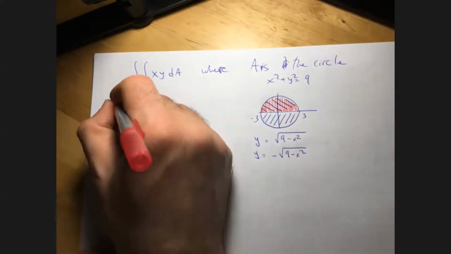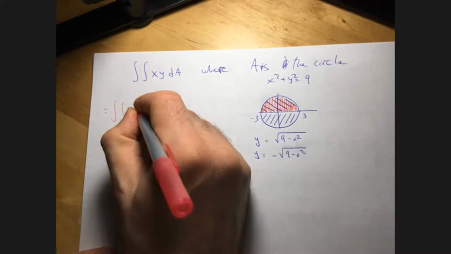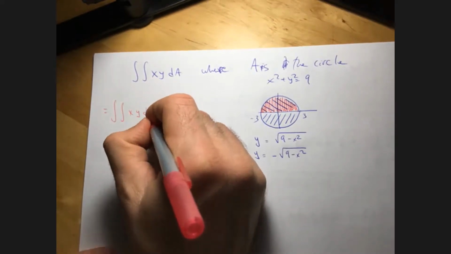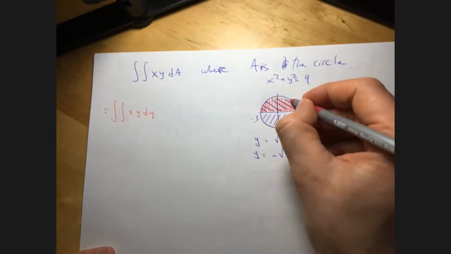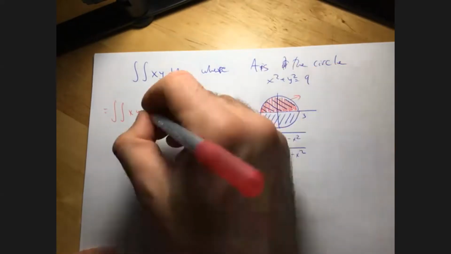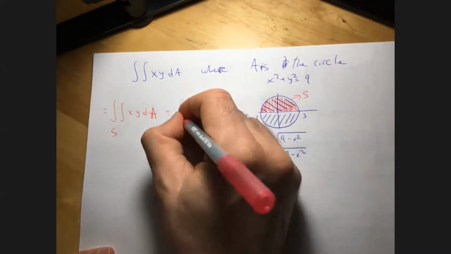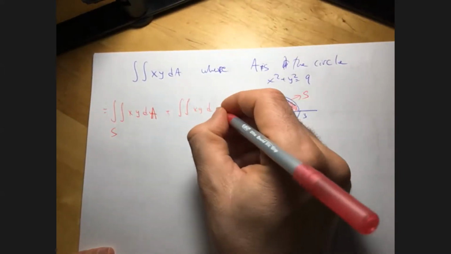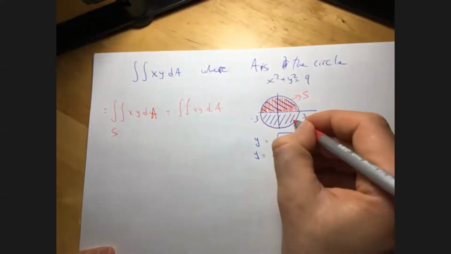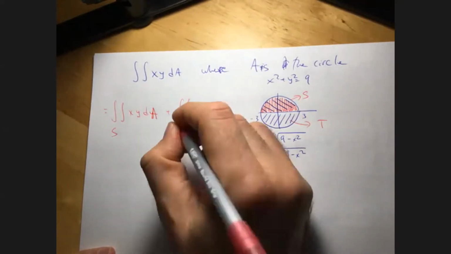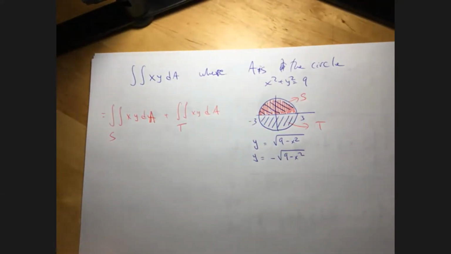So this can be expressed as the integral of xy dA over the region S, plus the integral of xy dA over the region T. Okay?